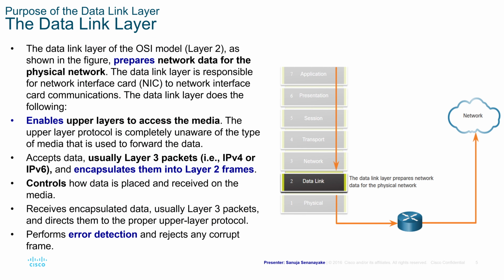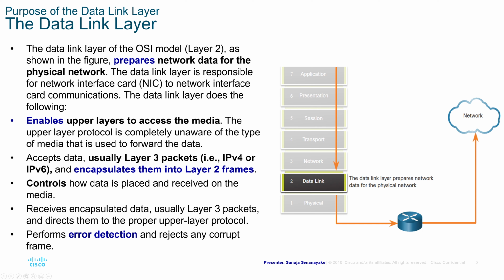The data link layer of the OSI model sits on level 2, or layer 2, as I mentioned before, as shown on the figure on the right hand side. It prepares the network data for the physical network. The data link layer is responsible for network interface card, or NIC, to network interface card communications.